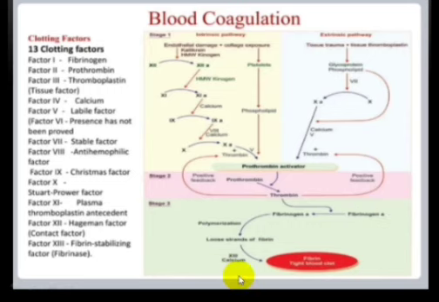Before we dive into blood coagulation proper, there are certain clotting factors you must know and have at your fingertips. These 13 clotting factors react with themselves to finally stop bleeding from wounds.